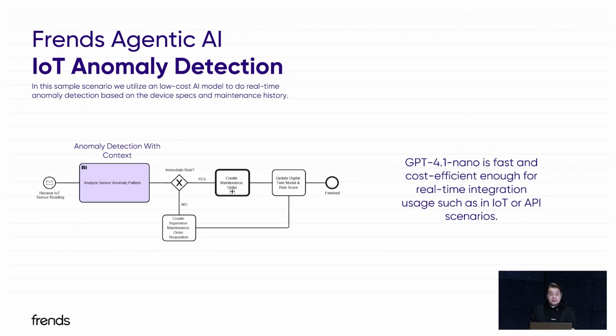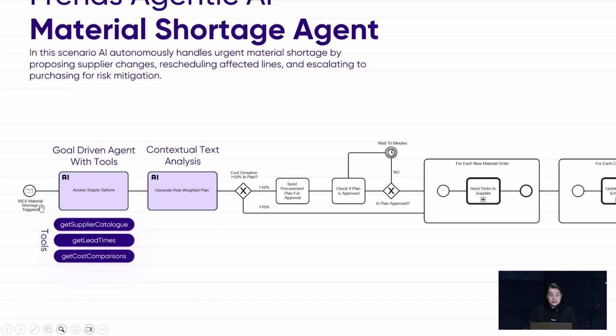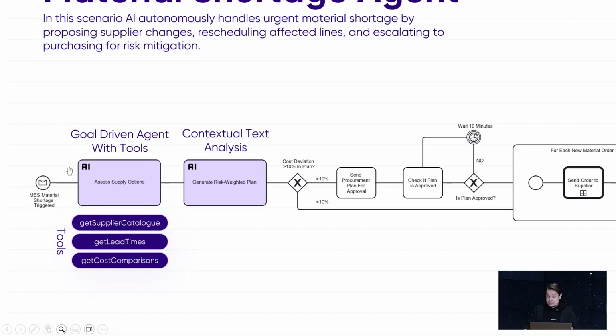A second good example here might be this sort of a material shortage agent, where we can actually start to look at automating entire business processes from an end-to-end perspective, where, for example, our MES system might identify a material shortage. So we have a manufacturing process and we are missing some critical material to be able to run through that process.